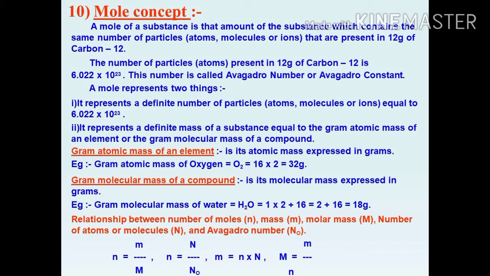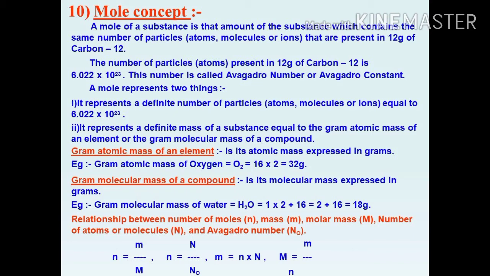But a chemical reaction equation indicates directly the number of atoms or molecules taking part in the reaction. Therefore, it is more convenient to refer to the quantity of a substance in terms of number of its molecules or atoms rather than their masses.